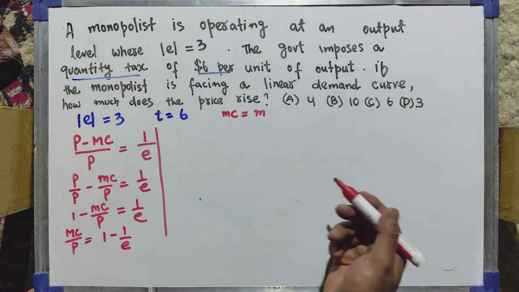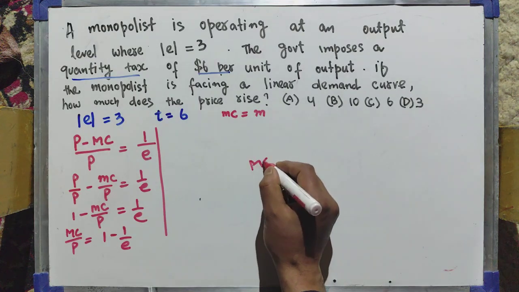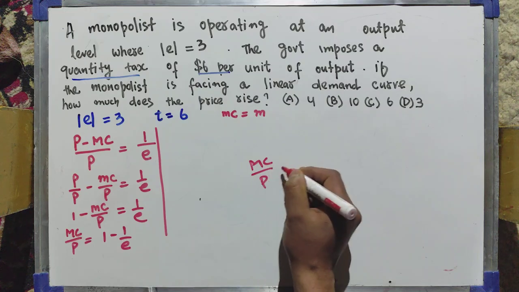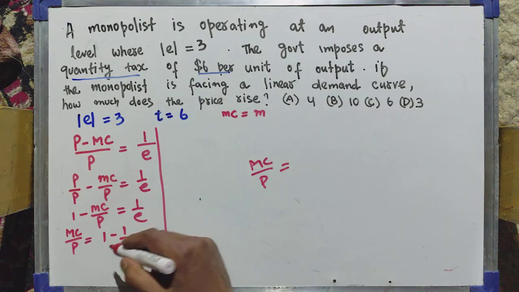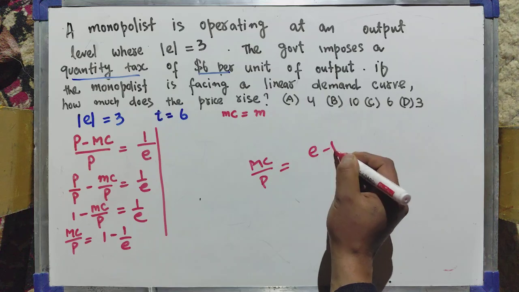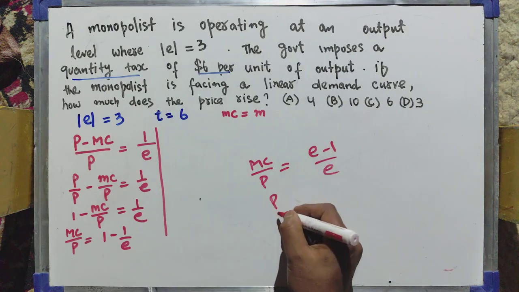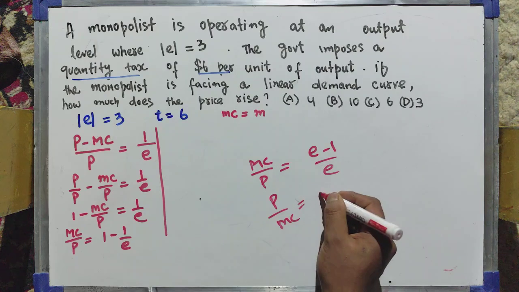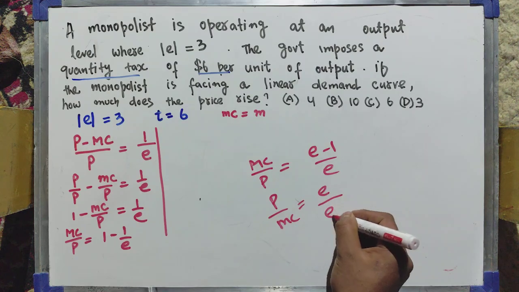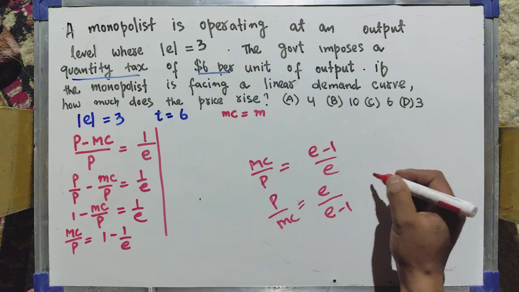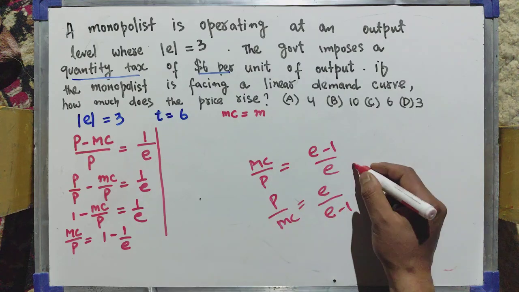Further simplification here. We have MC upon P is equal to E minus 1 upon E. Reciprocate both sides. Can I write P upon MC is equal to E upon E minus 1, or can we write it in terms of P?